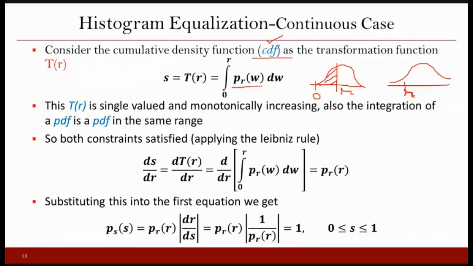So corresponding to this R, the value that you are going to get here is the sum of all these values, or if it is a continuous case, the area under this curve from 0 to this R. And that's what this equation is saying. When you are saying 0 to R, PR, W, dW, this is nothing but the area under this curve from 0 to R.